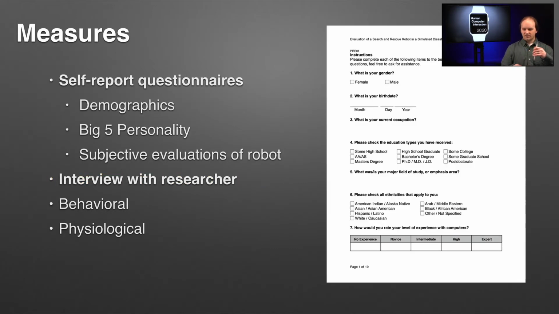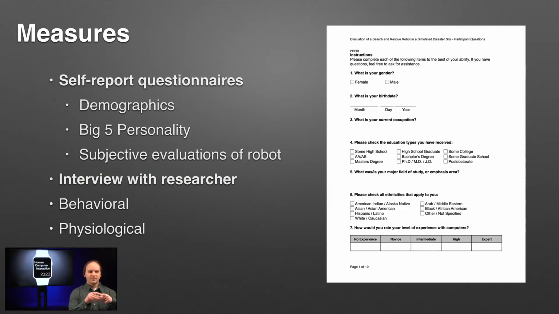In terms of what we were going to measure, we talked about quite a few different surveys that were administered for this study. First of all, we had self-report questionnaires, the main measure in this study. We, of course, collected demographic information about the participants. We did a Big 5 personality inventory, which is a pretty common measure.